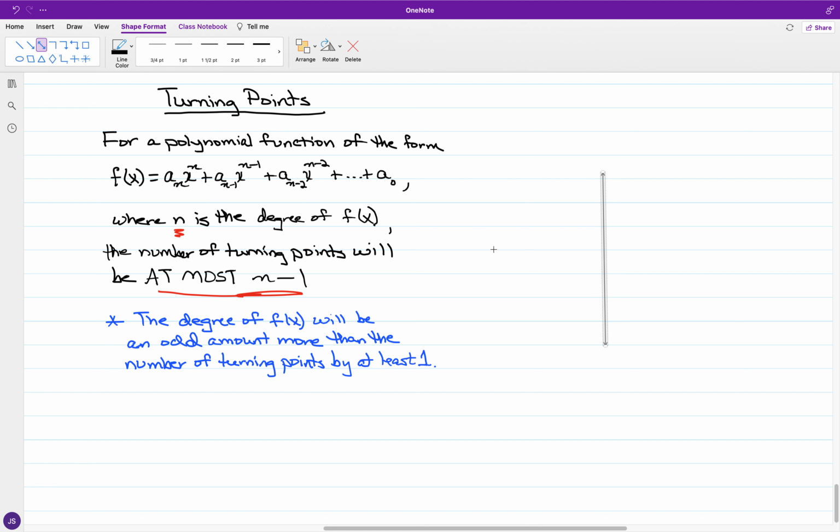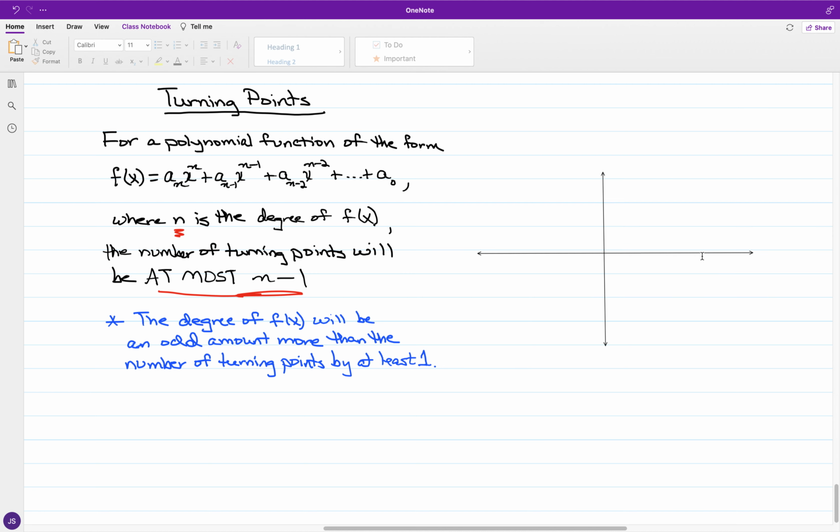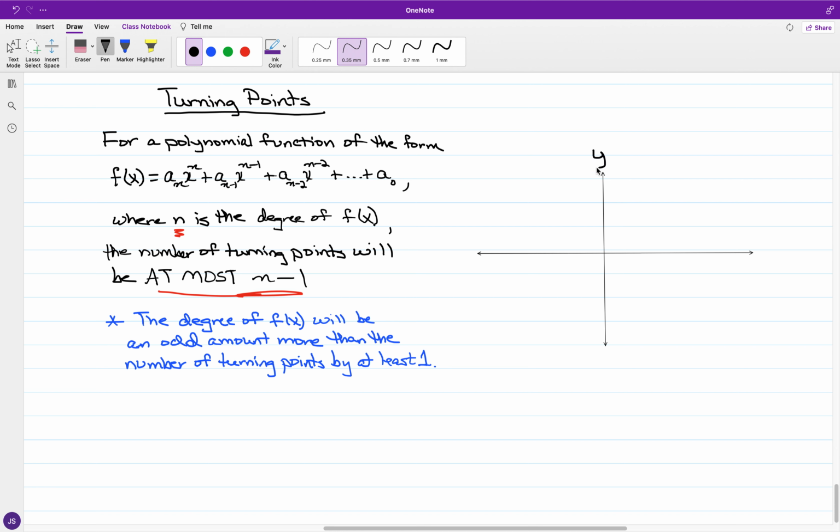We're going to get further into this once we get into end behavior. But let's say you have a function, we're not going to identify it, but let me put up some random points here, and we don't even have to label.